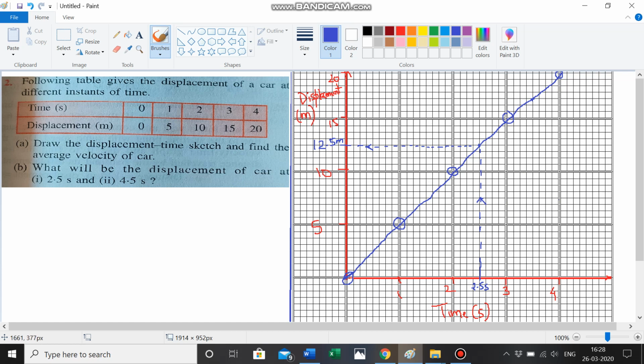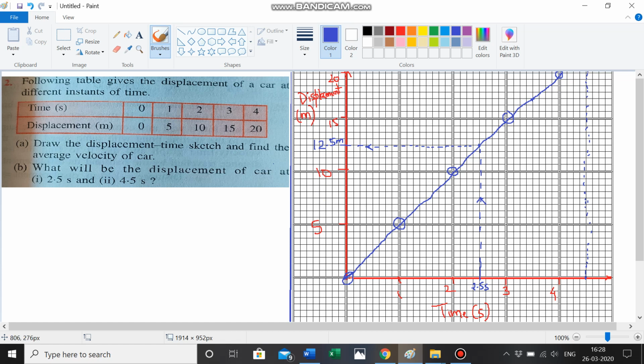So my graph is beyond, I haven't drawn a graph which will go up to 4.5. I didn't read the question properly, otherwise I would have drawn a bigger graph. You please draw a dotted line up to here and see where this line meets your graph. It'll meet somewhere outside. I can't see it, but that's where it'll be.